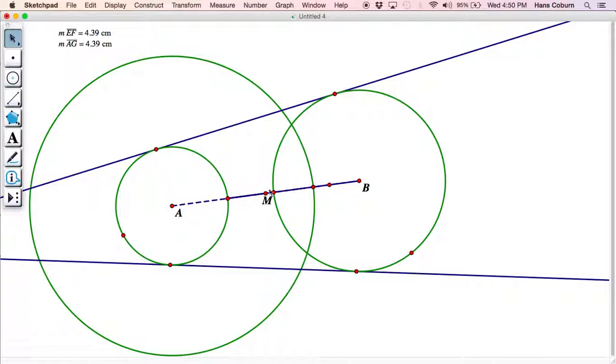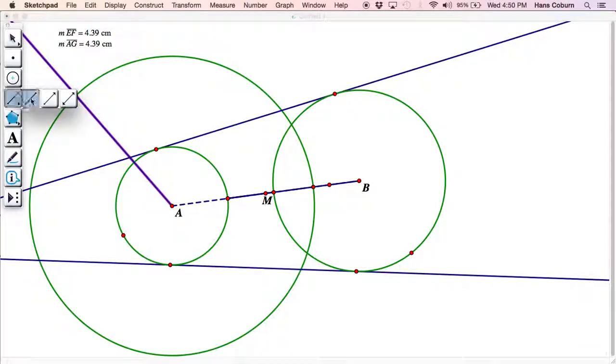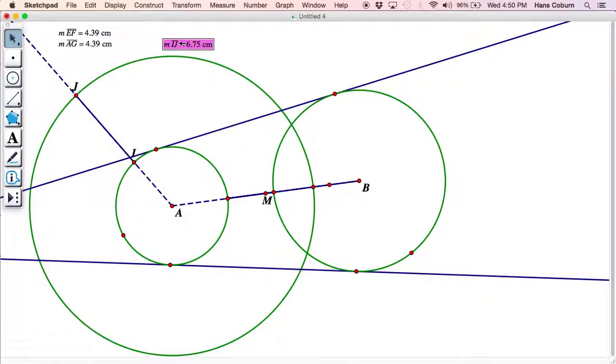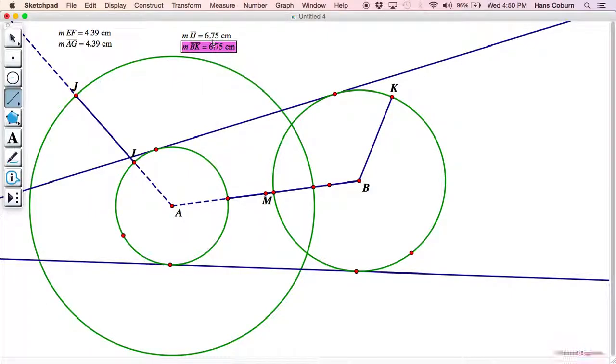Hide those. And now let me just measure to verify that I did that correctly. There's that. And we're going to measure this distance here. Like that. So I to J is 6.7, and then also the radius of circle B just happens to be the exact same.